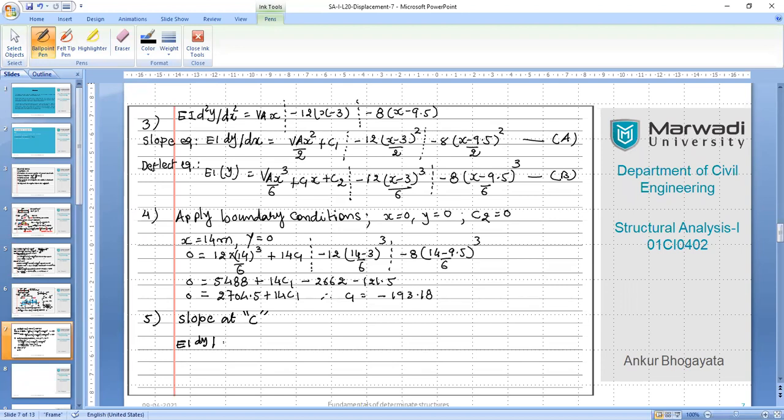So we just need to use it, dy by dx equals, what is VA? VA is 12 into 3 raised to square by 2 minus 193.18. Okay, so 9 into 12 divided by 2, so that is 54. So 54 minus 139.17, right?